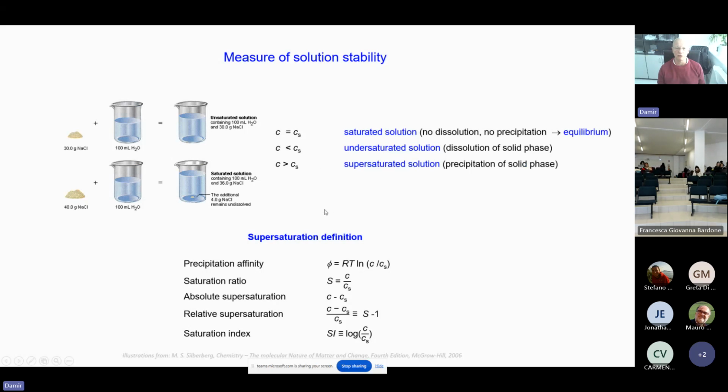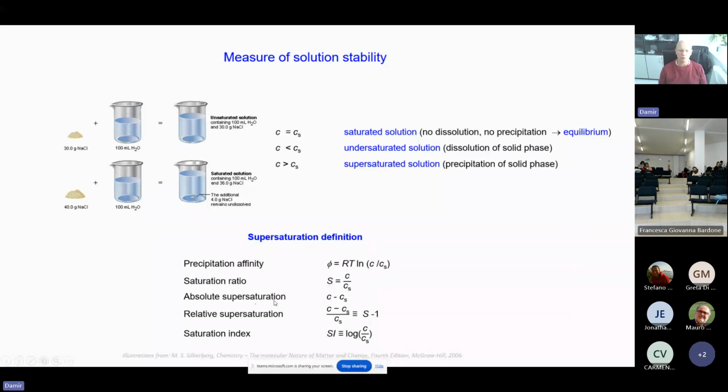Typically, for systems of slightly soluble salts, supersaturation can be defined in several ways, which are convenient for certain precipitation systems. The typical thermodynamic definition is the precipitation affinity, defined in this way. This is actually the difference of the logarithm of concentration in solution and equilibrium concentration. Saturation ratio is simply the ratio of concentration in solution and equilibrium.